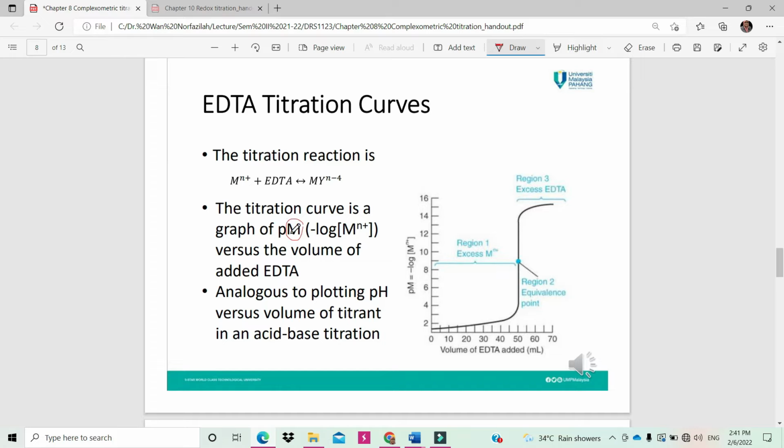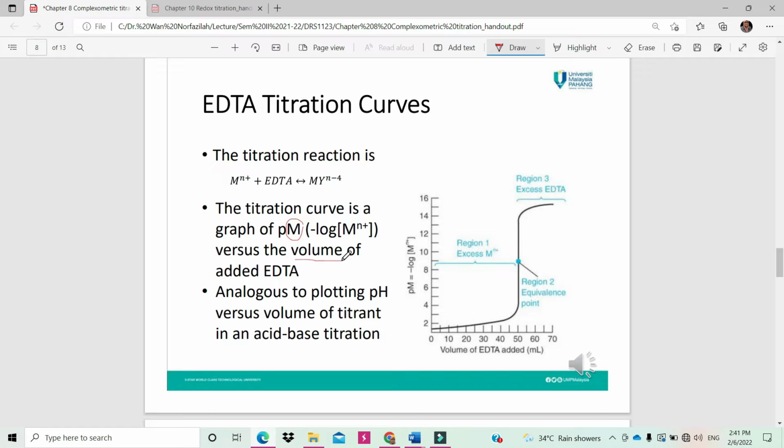And this pM, we know that the small p refers to negative log. And the capital M here is the concentration of the metal ions. If calcium, so this concentration will be the concentration of calcium ions. Okay, so negative log the concentration of metal ions versus the volume.